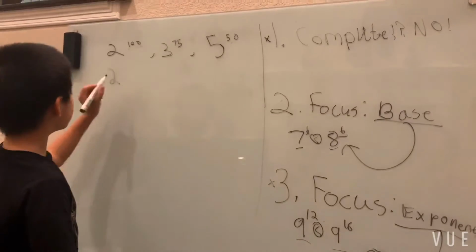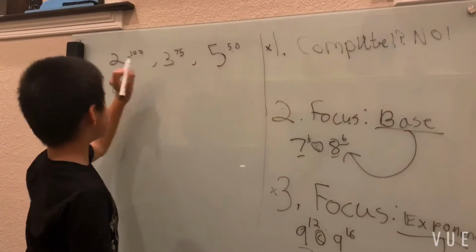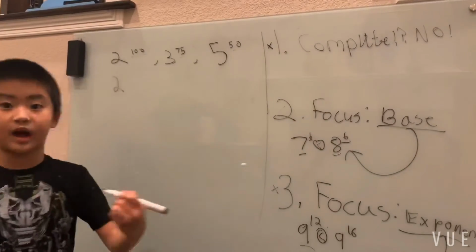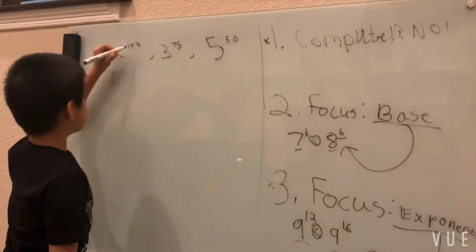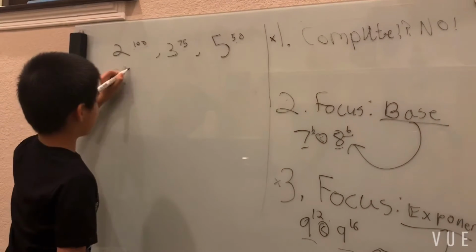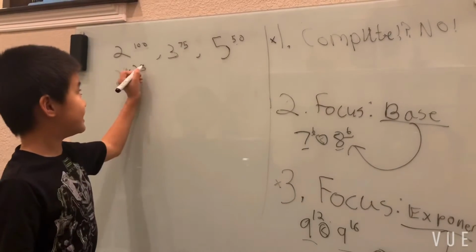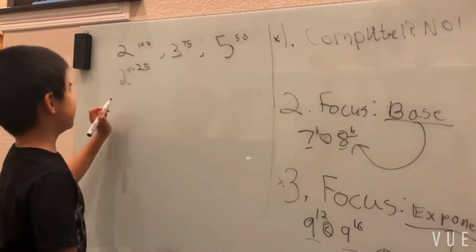So if they're multiples of 25, I'm going to split all these exponents up into 25 times something. So I'm going to split this 100 up first into 4 times 25. This is definitely going to work.